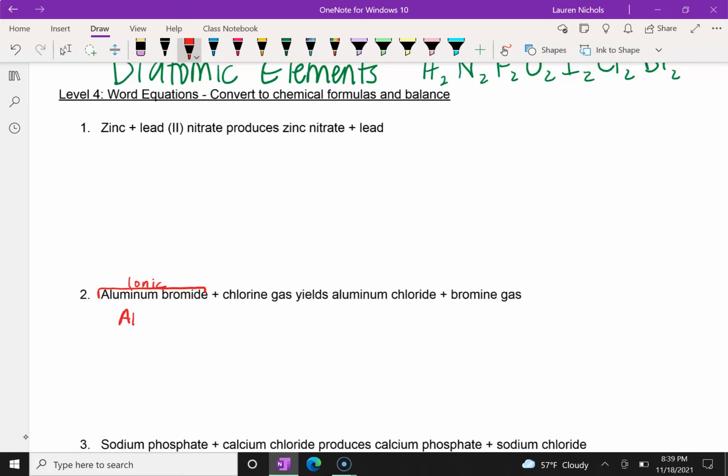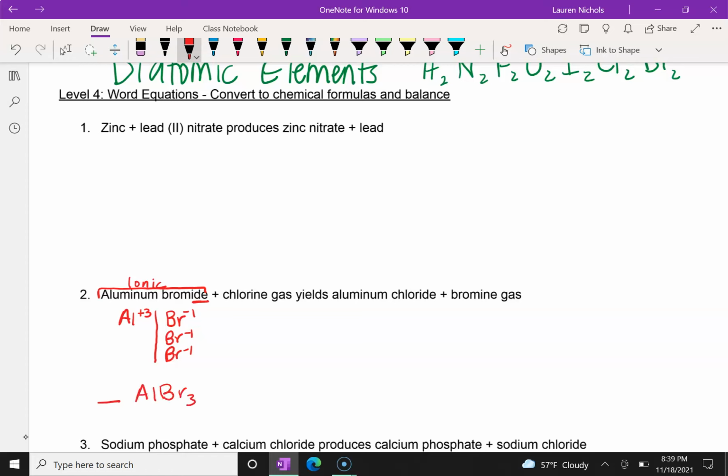So we have aluminum that has a positive 3 charge. Bromide, -ide, means we're talking about just regular bromine, has a negative 1 charge. Okay, so this means to balance out our charges, we're going to have bromine minus 1, bromine minus 1, three times. So that means my formula, so I'm going to put a space for a coefficient, will be AlBr3.